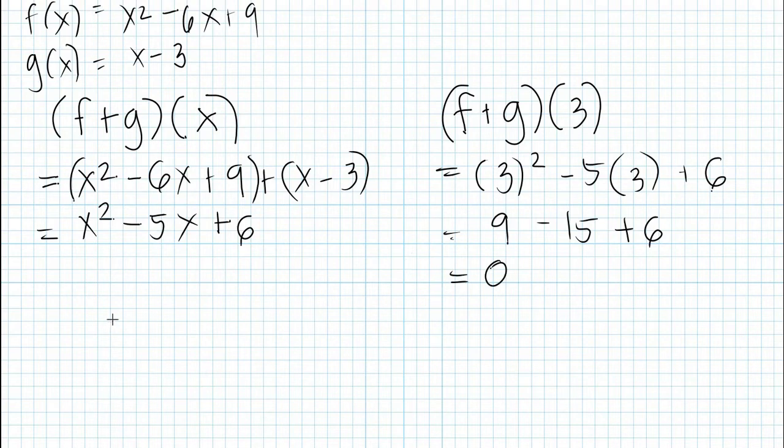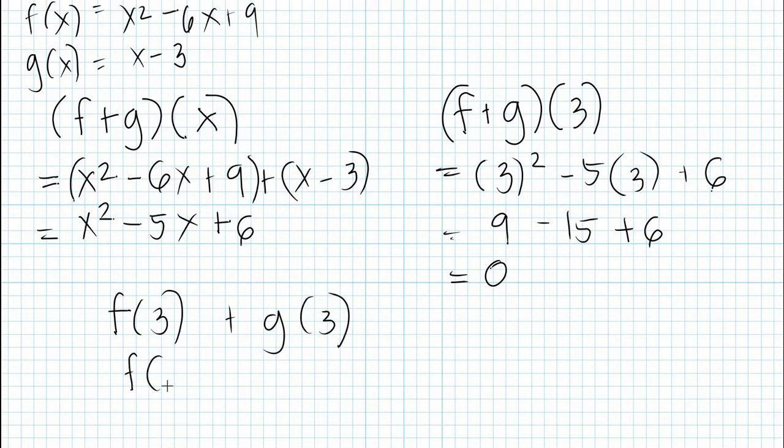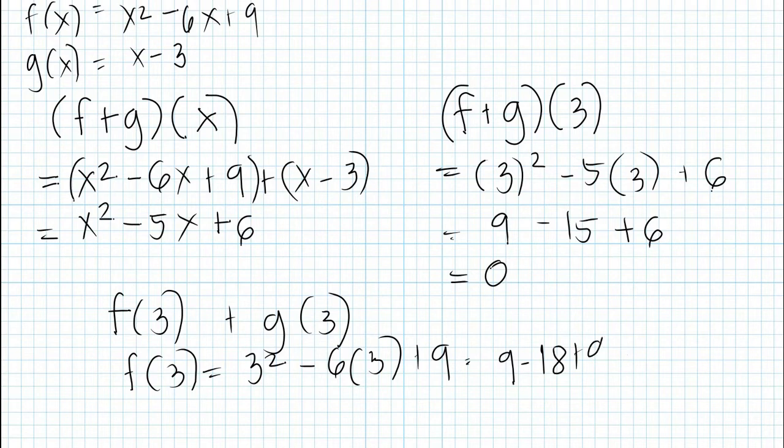Now let's check if it's really equal to 0. First, let's check f of 3 plus g of 3. So f of 3 will be 3 squared minus 6 times 3 plus 9. So this will be 9 minus 18 plus 9, which is 0.